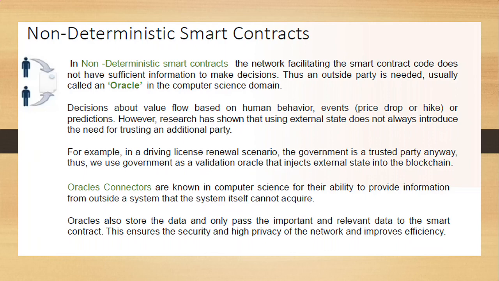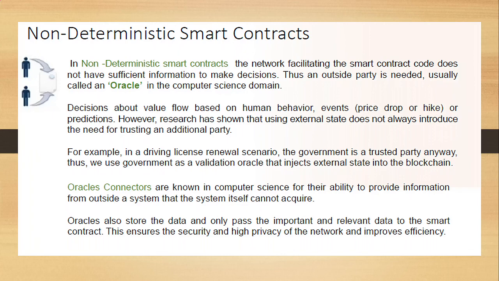For example, if you're renewing a driving license, the government could be a trusted party. So we could use the government as the oracle that injects additional information about those people, or the digital driving license holders, for instance, right? So those are the two categories of smart contracts. But as we proceed, you realize that they need to work in tandem. And deterministic contracts really will not survive without additional information, right?